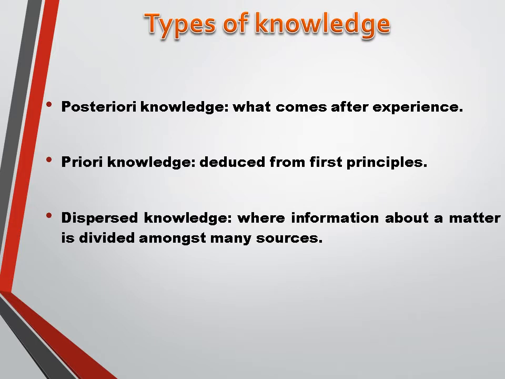So people are working in their own expert areas, and when they come together as a team, they give wonderful results. So this is known as dispersed knowledge. That means one person cannot have all the knowledge. The knowledge is divided among many sources.